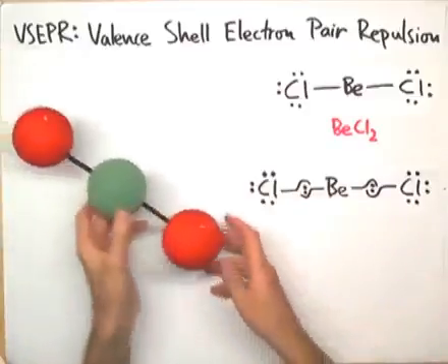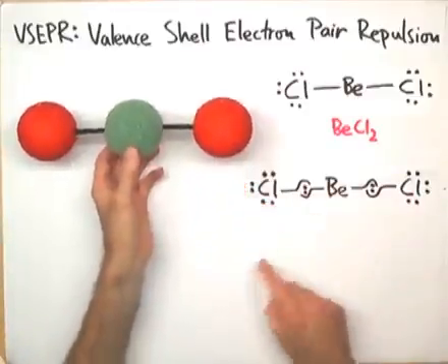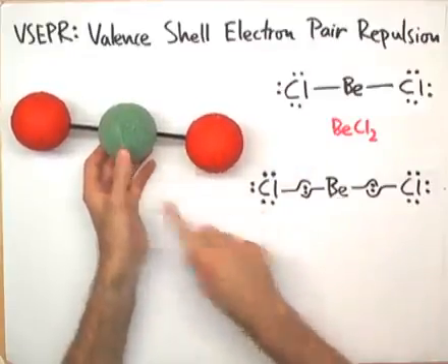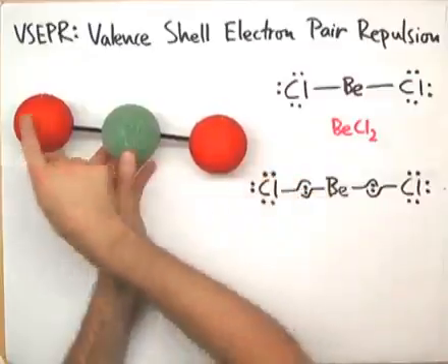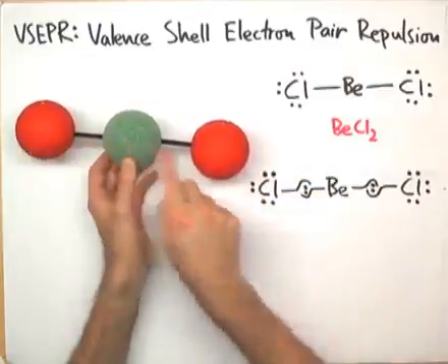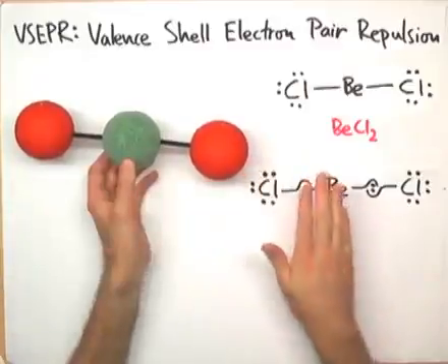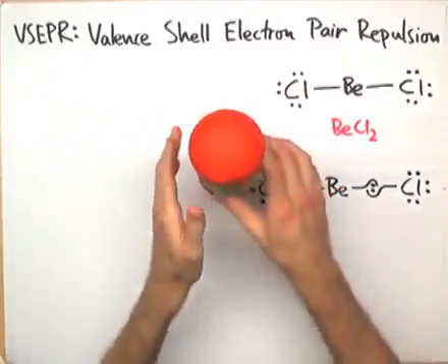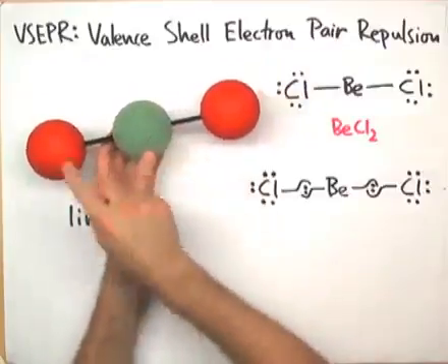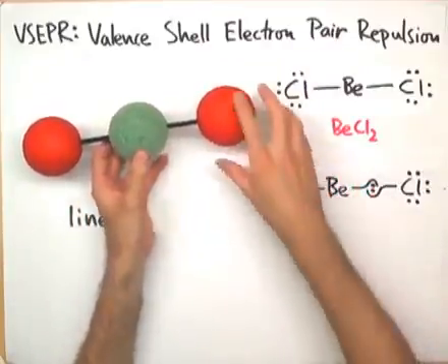The 3-dimensional shape of beryllium dichloride is going to look like this. We've got a beryllium here in the middle, and then we have these 2 chlorines on either side, and all 3 atoms form a line. They're all in a straight row. We call this a linear molecule, which means line, so that kind of makes sense.